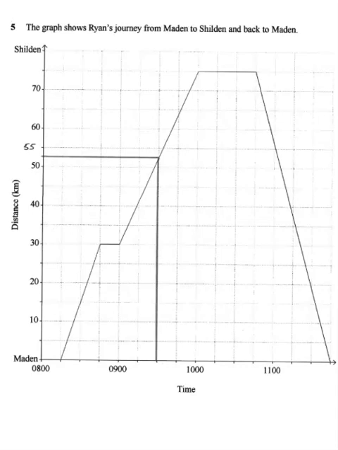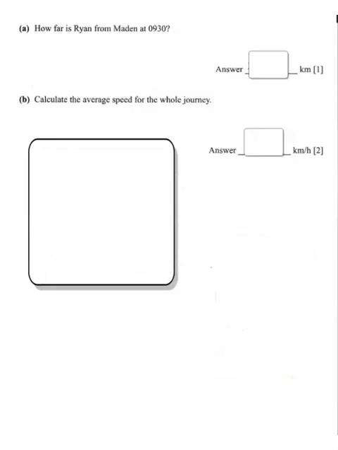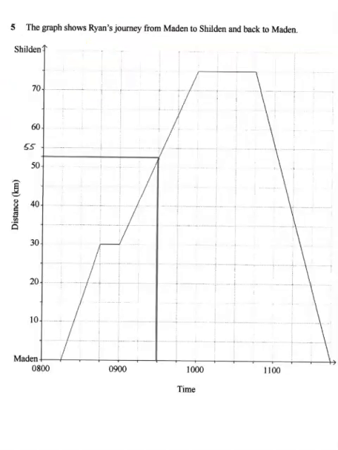So for question 5, it says, the graph shows Ryan's journey from Maiden to Sheldon and back to Maiden. So he starts at Maiden, goes to Sheldon, and then comes back to Maiden. For the first question, it says, how far is Ryan from Maiden at 9:30? We look to see where 9:30 is on the time axis, or the x-axis.